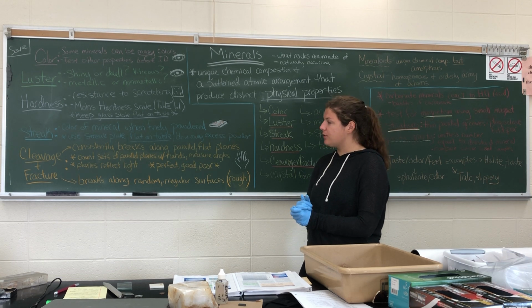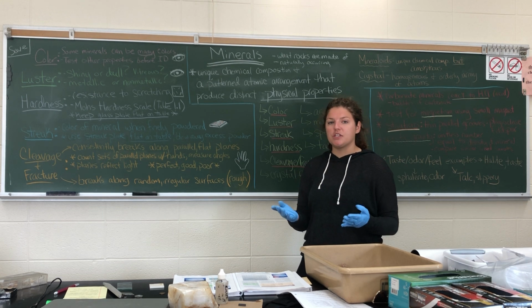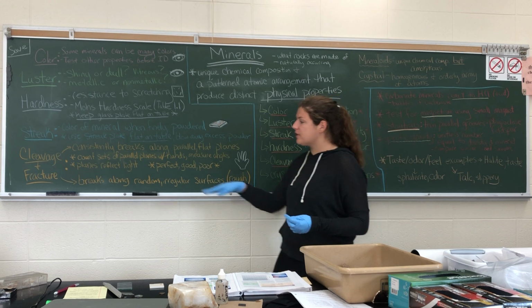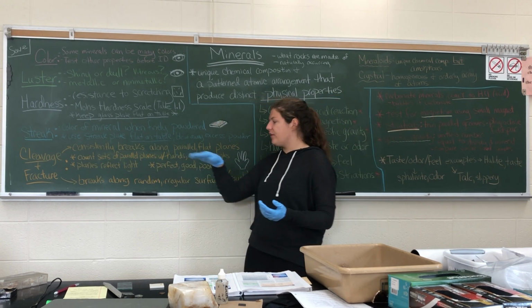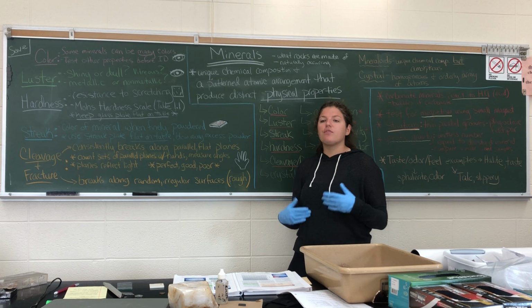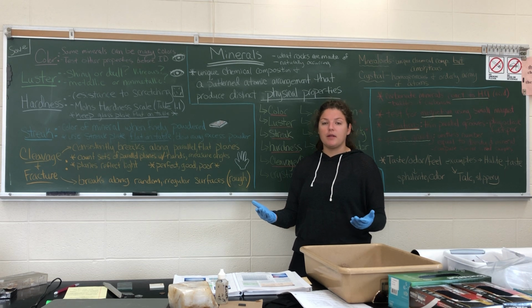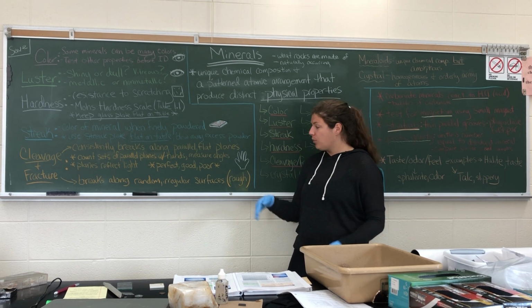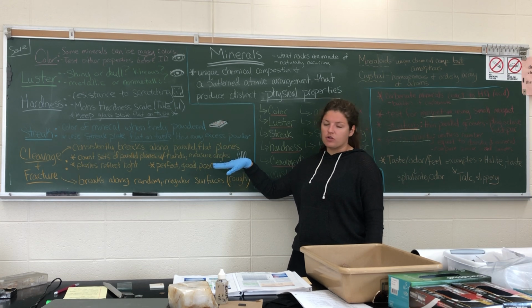So what we're going to do in lab today to determine the cleavage of a mineral is we're going to count the sets of parallel planes with our hands, and then if we were to go another step and determine the angles of cleavage, we would measure the angles using a protractor.